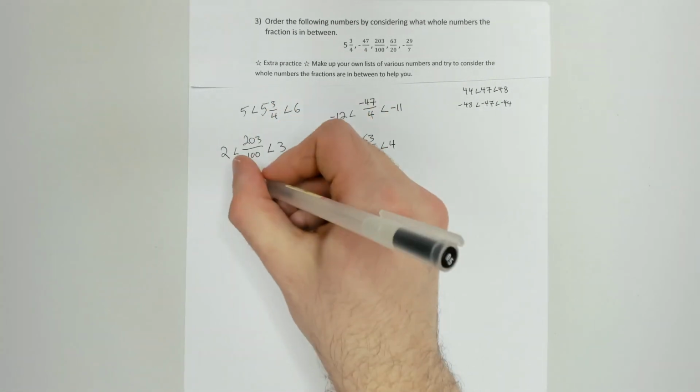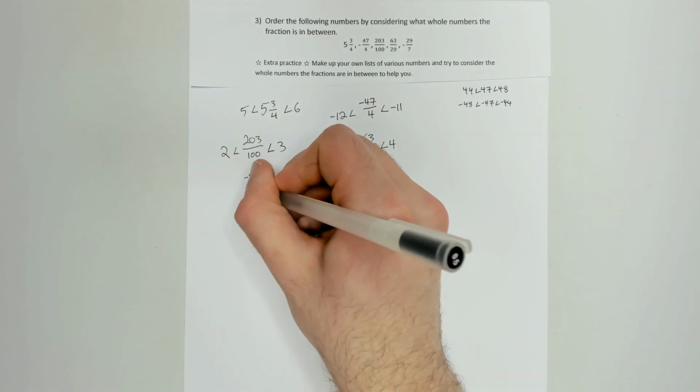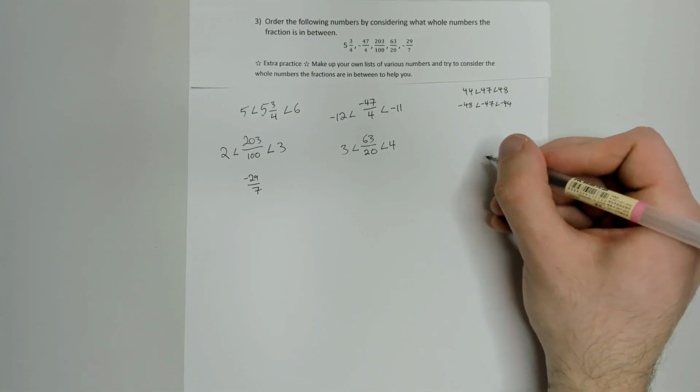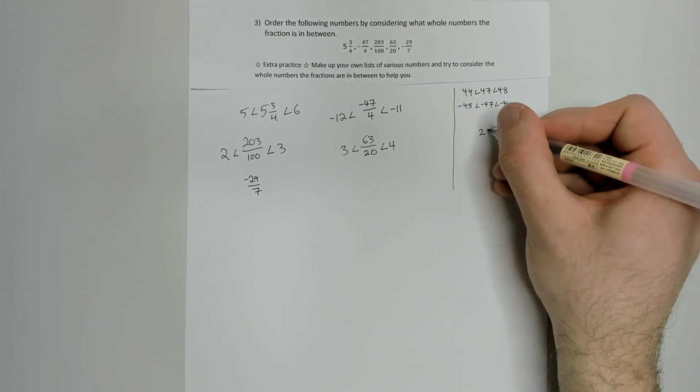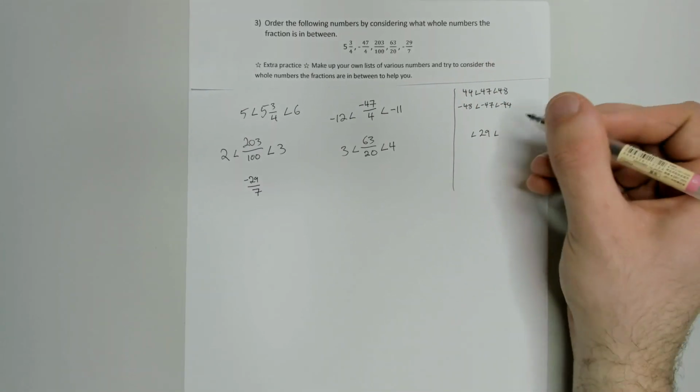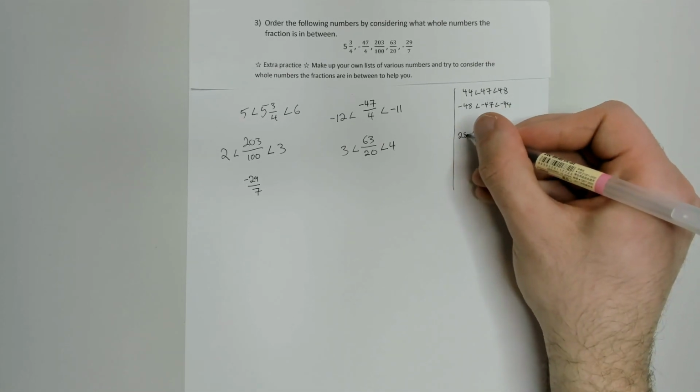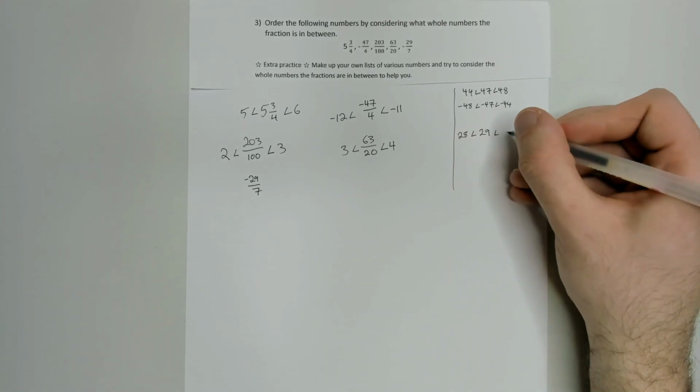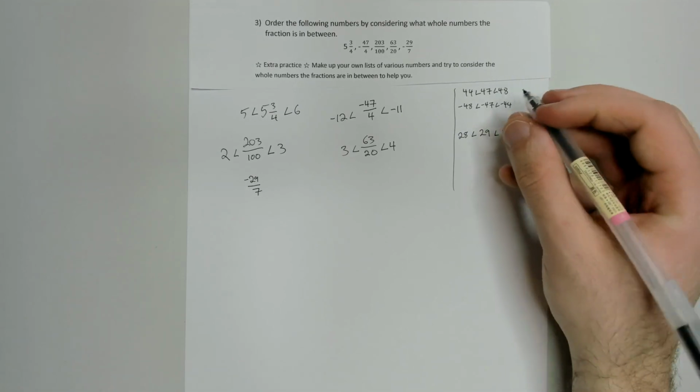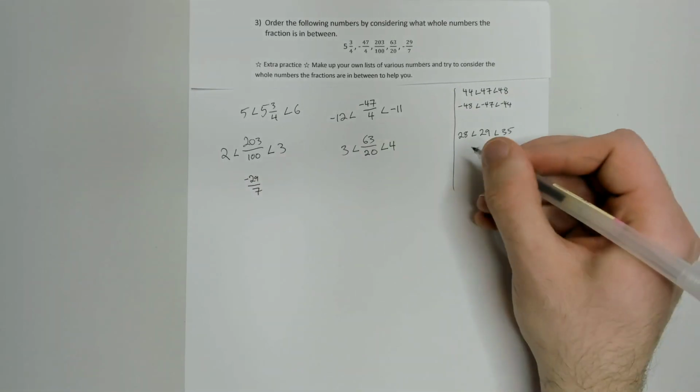And then lastly, negative 29 over 7. Okay, so 29, what multiples of 7 does that come between? That comes between 28, right? 7 times 4 is 28, and 35. Okay, but again, this is in the negative world, so we have to switch it all, right?